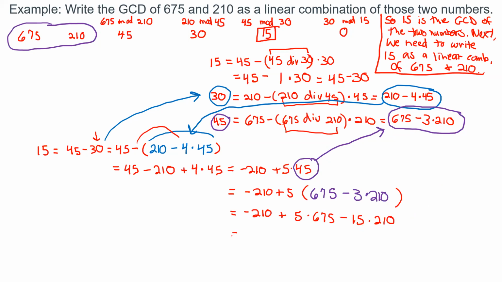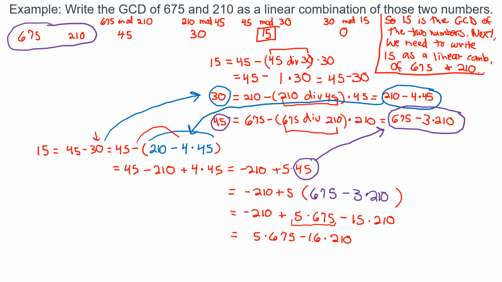And now we've got two terms with a 210, so I need to put those together. So let me start by writing the 675 part first. I've got 5 times 675, and then I have how many 210s? Negative 1 of them and negative 15 of them, so negative 16 of them, right? So negative 16 times 210.